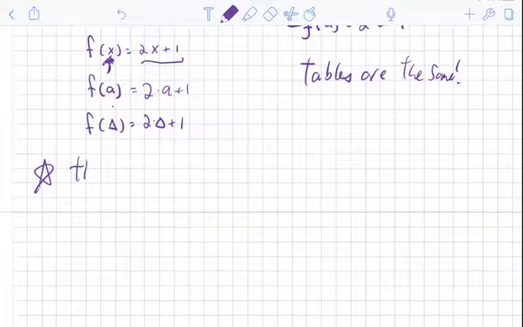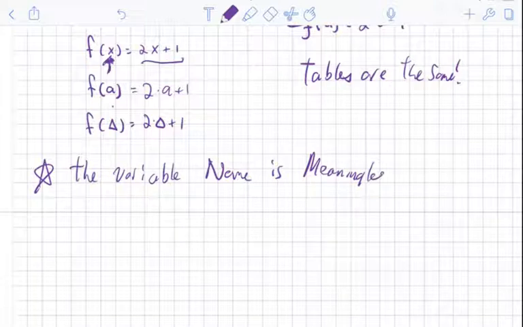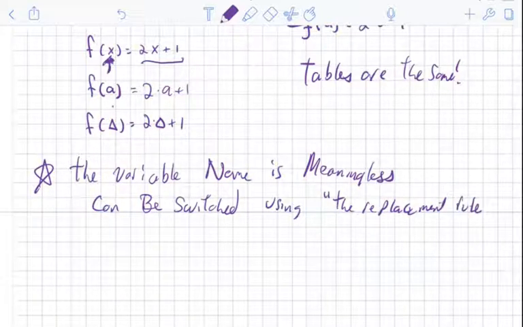So I'm going to write it really big here. The variable name is meaningless. It can be switched using the replacement rule with function notation.